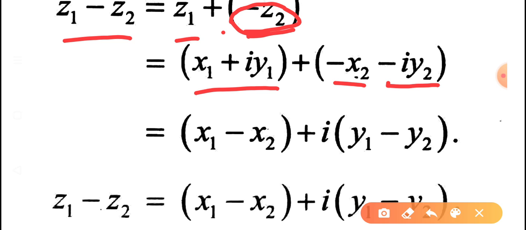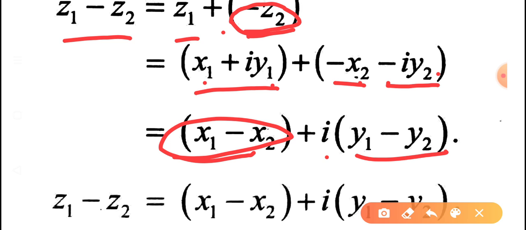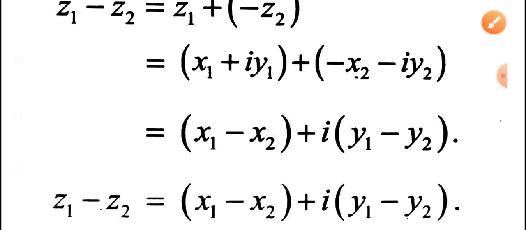Now here we are going to add two complex numbers. Okay, now x1 minus x2 here plus i, we take out the common number i, then y1 minus y2. So z1 minus z2 is equal to x1 minus x2 plus i into y1 minus y2.